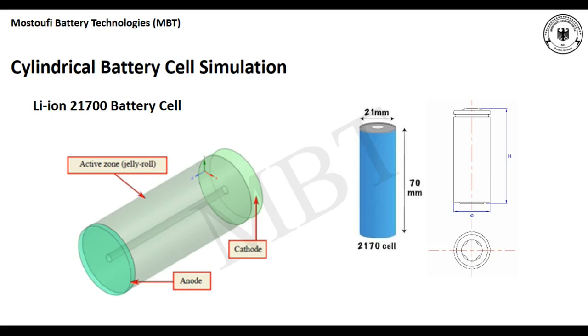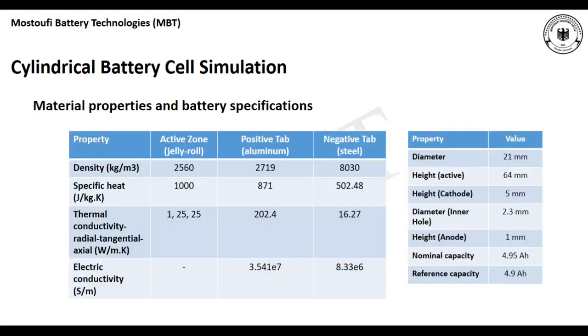As you can see on the right side, it has a diameter of 21 millimeters and a height of 70 millimeters, and that's why it's called 21700. Here you can see different properties of different materials that we're going to use in the simulation. Among the most important properties are the density, specific heat, and thermal conductivity.